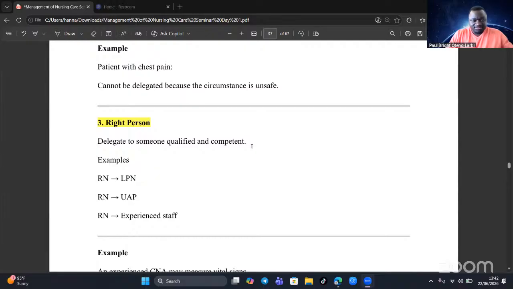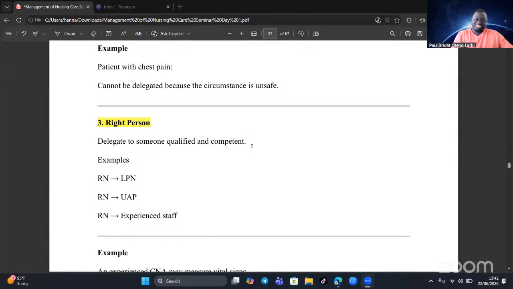The right person: is this person qualified and competent? Have they done their training? That is why the nurse manager on the ward should ensure that everybody does their computer training, their in-service training, the online training. Say the LPN has passed NCLEX. She has been employed, but she has not done CPR training.